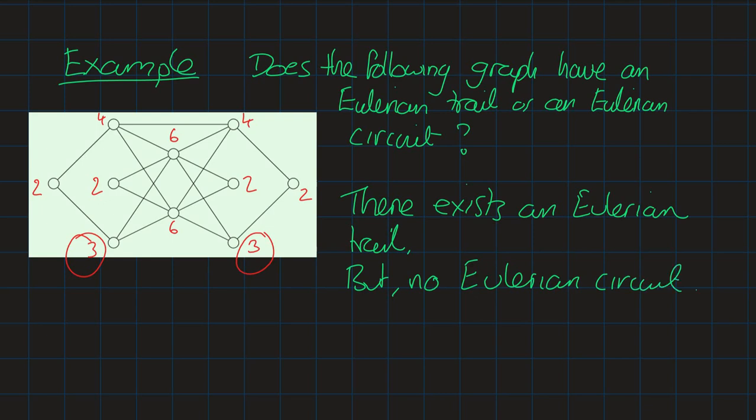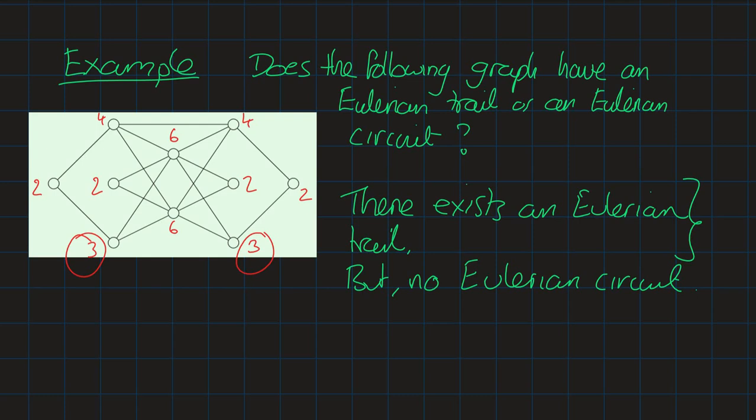One important thing to note about this theorem is it doesn't actually tell you how to find anything. It just tells you that it exists. So I know that there is an Eulerian trail for this graph, but the theorem doesn't actually help me in finding it. I have to find it by myself. It's just an existential theorem. It tells you, does it exist or does it not exist?